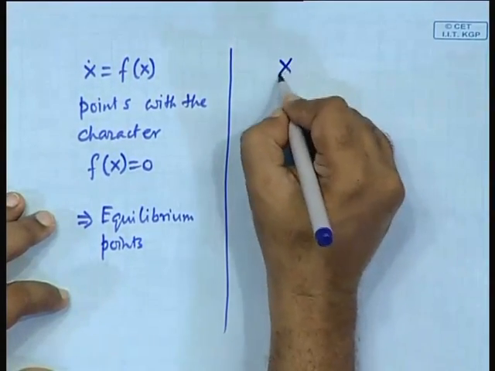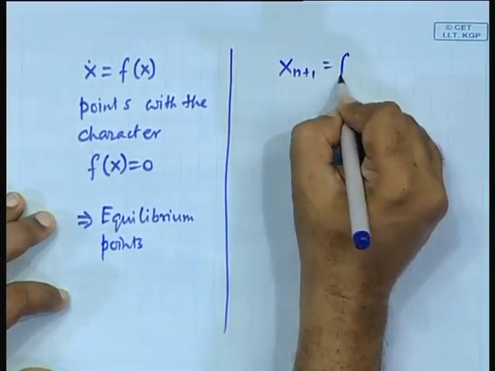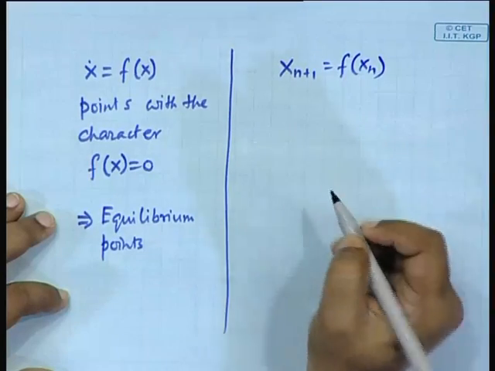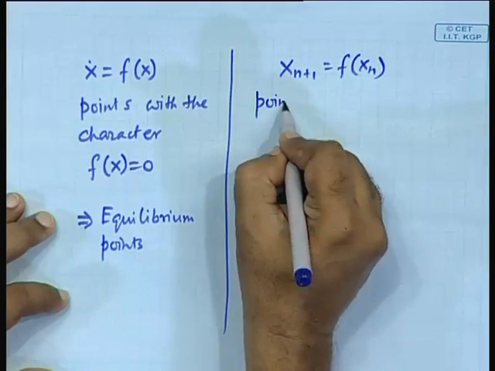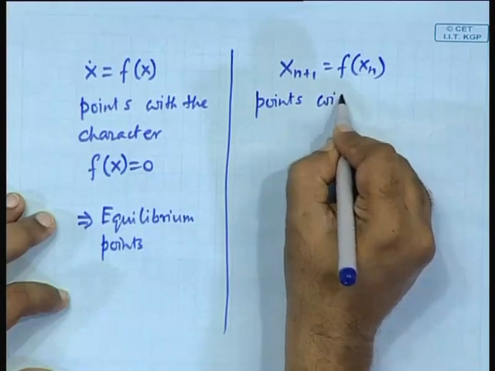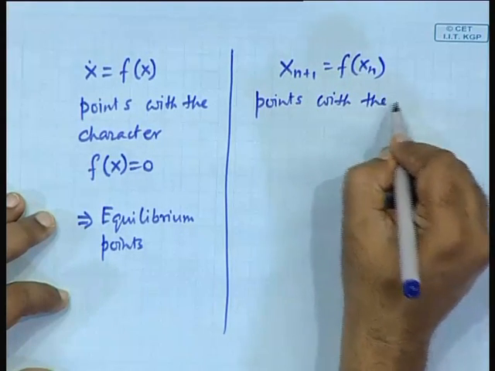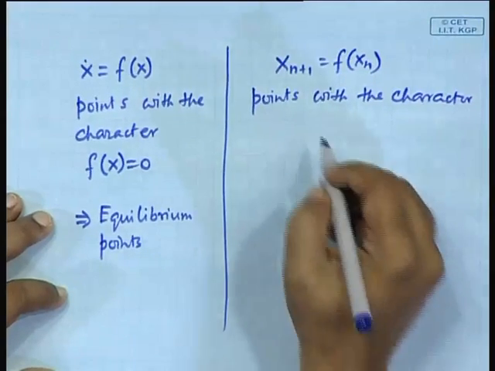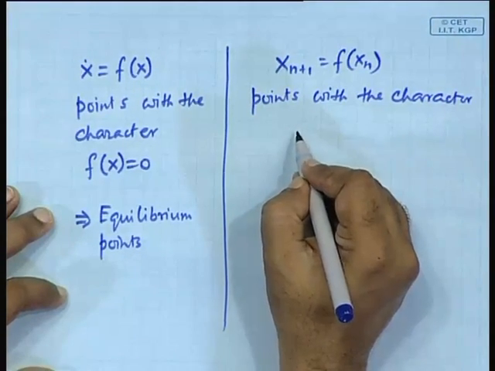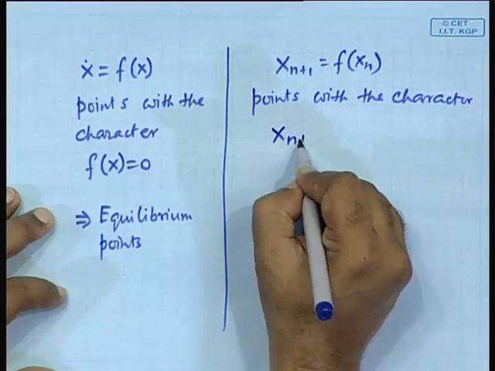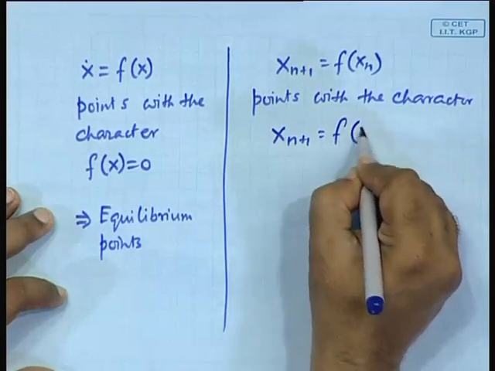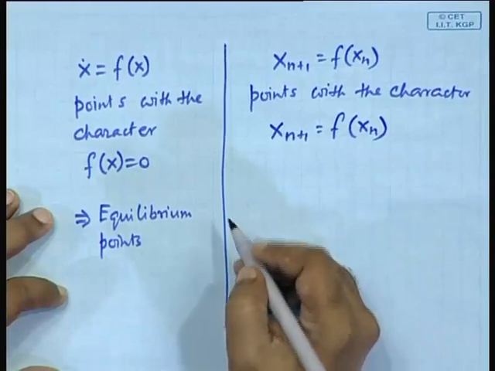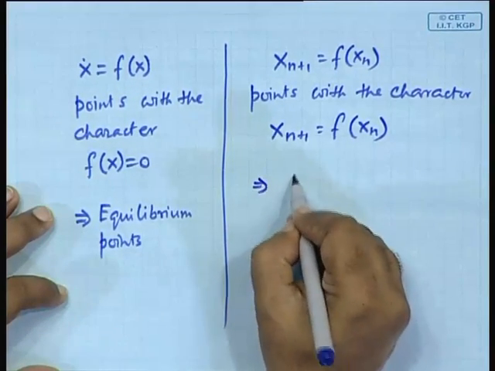For discrete time dynamical systems, points with the character x n plus 1 is equal to f of x n are fixed points.